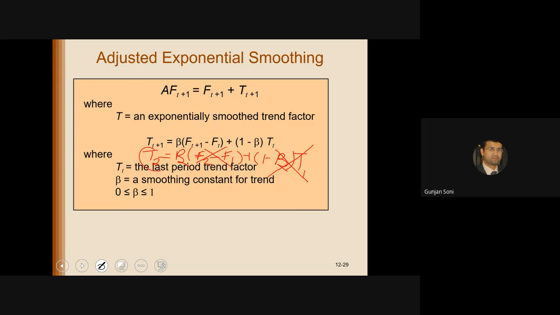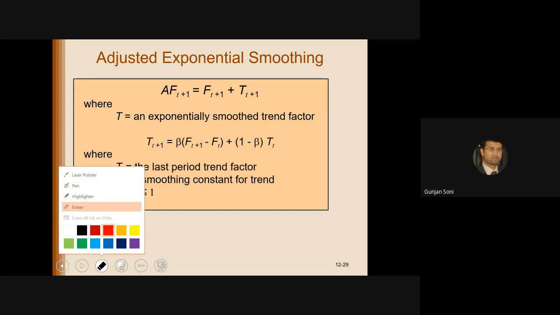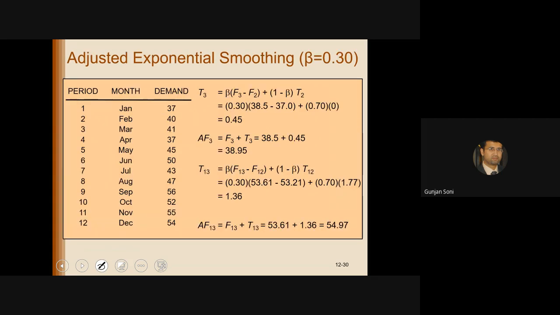So T2 is actually not defined. That's why we start with T3. Okay, don't get confused over here. You can always work it out with pencil and then understand it. That's why we are starting with T3.